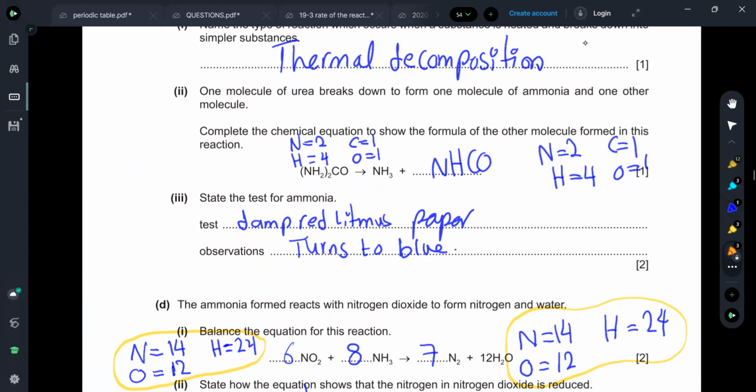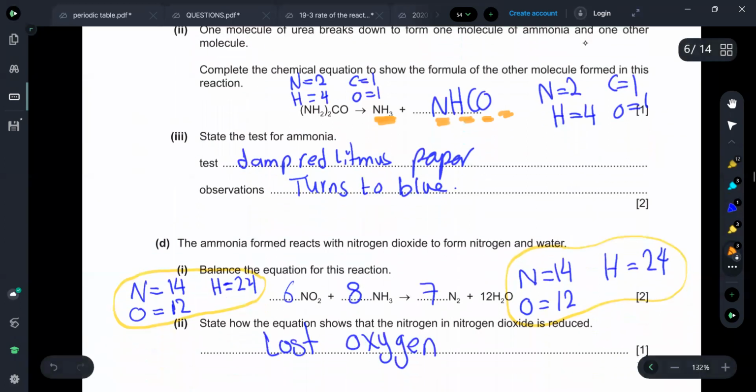In the products, nitrogen should be 2, hydrogen 4, carbon 1, and oxygen 1. Already we have NH3. So we still need 1 nitrogen, 1 hydrogen, 1 carbon, and 1 oxygen for the other molecule formed. So it is HNCO.